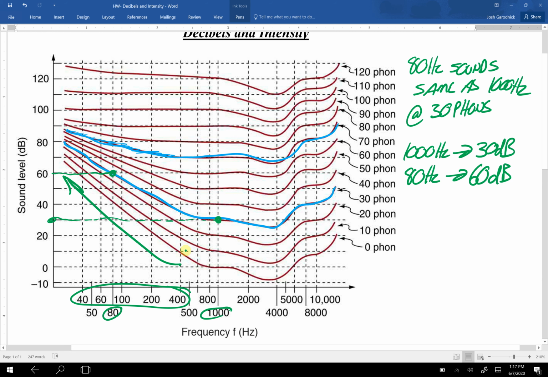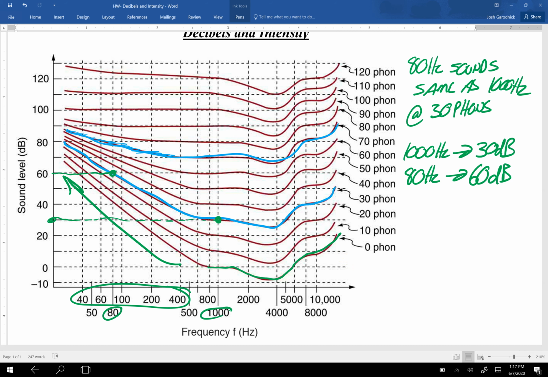And then somewhere here requires the least amount of decibels to hear, and then it starts going back up again. So when we get into frequencies in the 15,000, 16,000, we got to crank the decibel level back up. But we really apparently have trouble hearing some lower frequencies at low sound volumes.